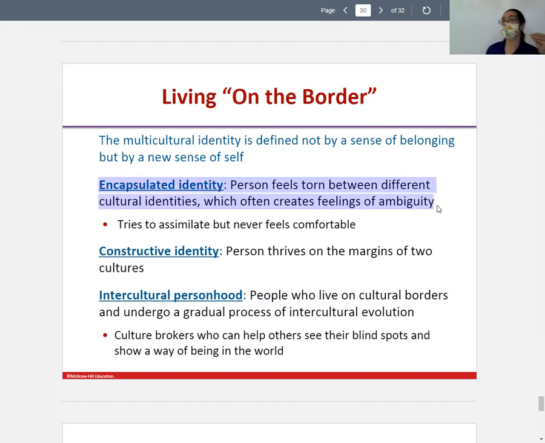You may have pressure from your family to act and behave one way, and then you may have pressure from your American spouse to act a different way. And you may never be able to merge those two into a constructive identity where you're thriving on both ends. You might just stick with that struggle of butting heads between those two identities.